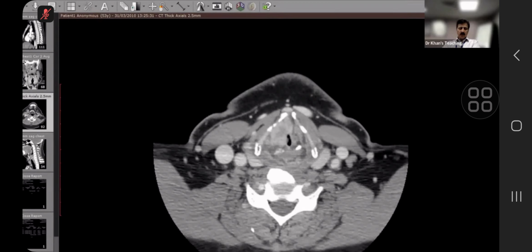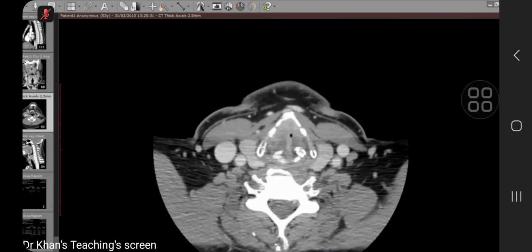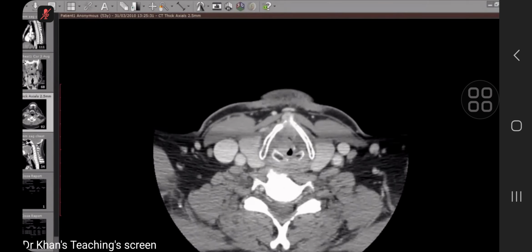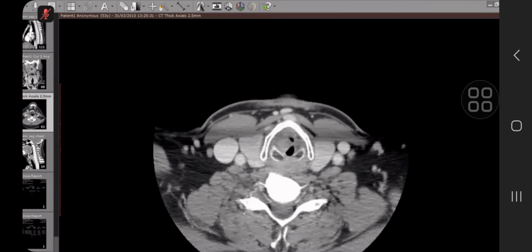Down, keep scrolling. Yeah, this is the mass. And I can see the arytenoid cartilage. And just as I see the two cartilages, I can still see, it's fading actually. Okay. This is the asymmetric density here at the level of, this is the cricoid cartilage now. So this will be the undersurface of the glottis.